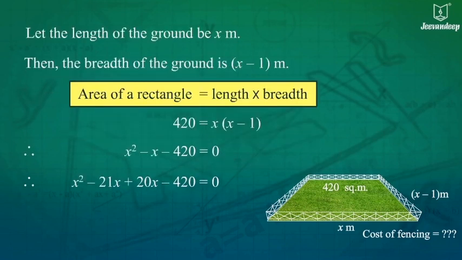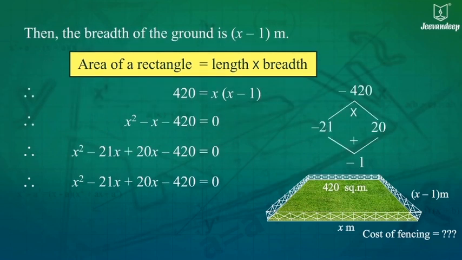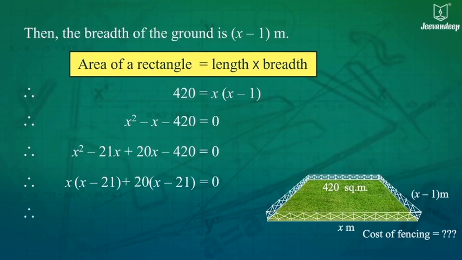Therefore, x square minus 21x plus 20x minus 420 equals to 0. Therefore, x into x minus 21 plus 20 into x minus 21 equals to 0. Therefore, x minus 21 into x plus 20 equals to 0.